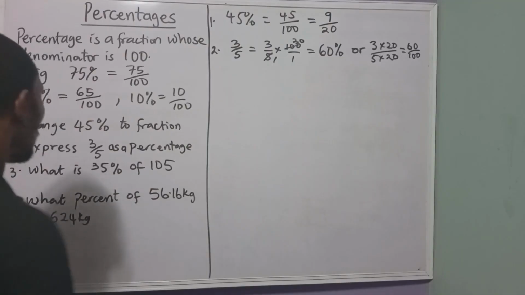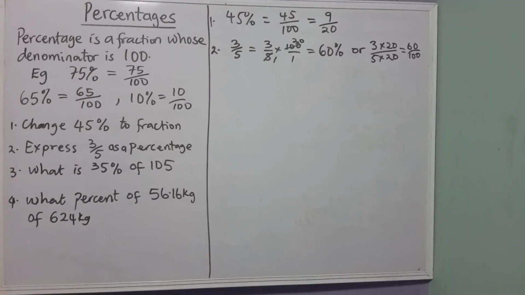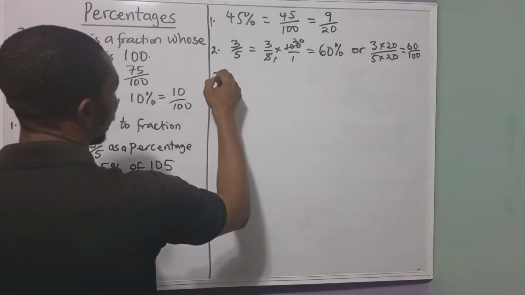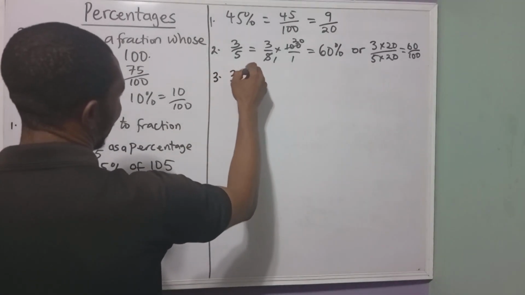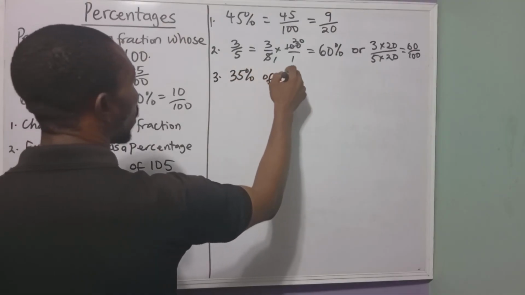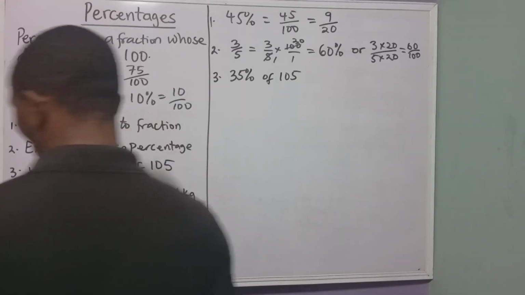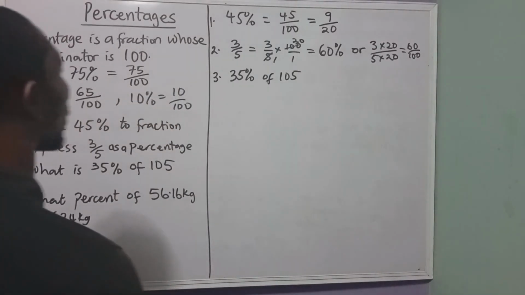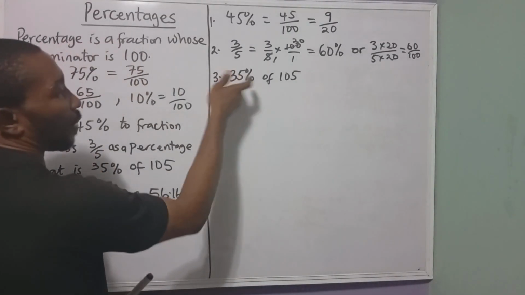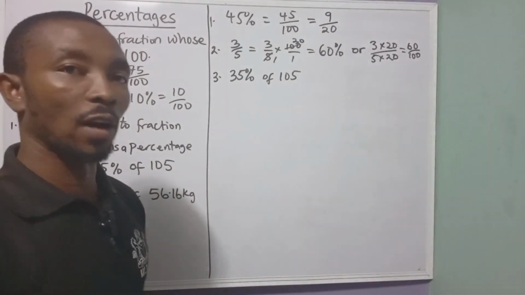All right. Now, to the next question, it says, what is 35% of 105? First off, let's convert this percentage to a fraction.